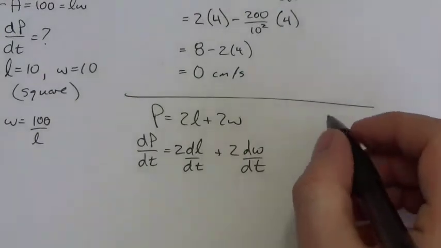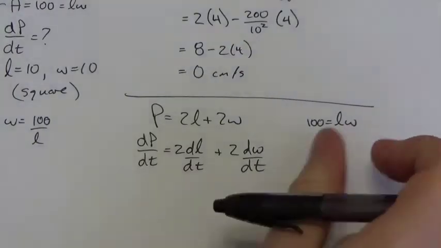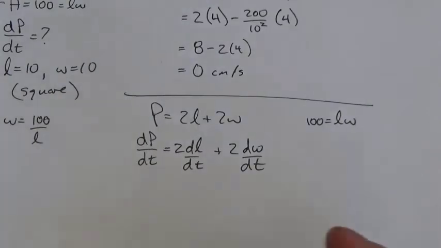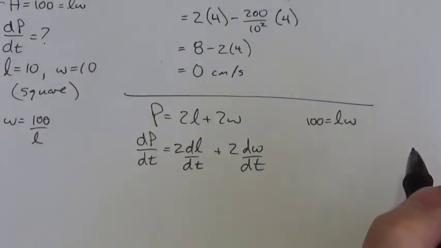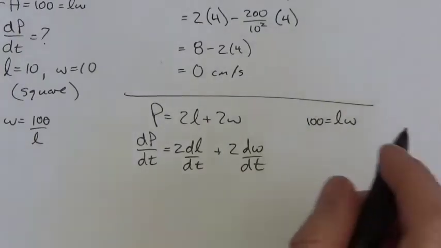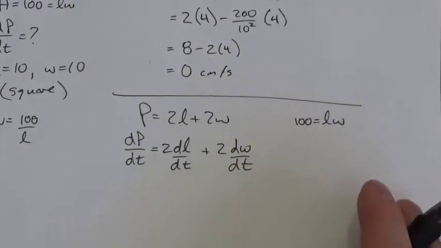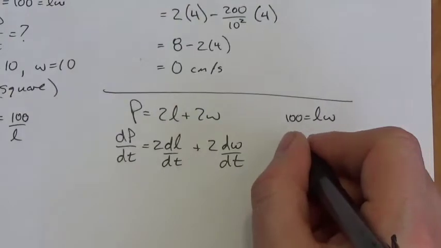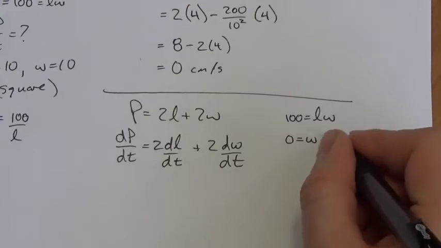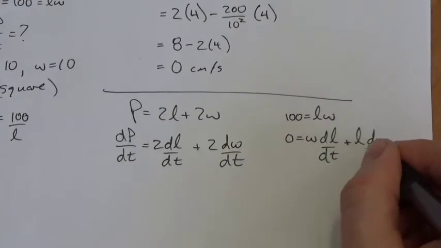But I can go to the relationship 100 equals LW and use this to figure out dW by dt, by simply taking the derivative of this. I could get W by itself first, but I prefer to simply use the product rule. The derivative of 100 is 0, and then I take the derivative of each variable in turn: W times dL by dt plus L times dW by dt.